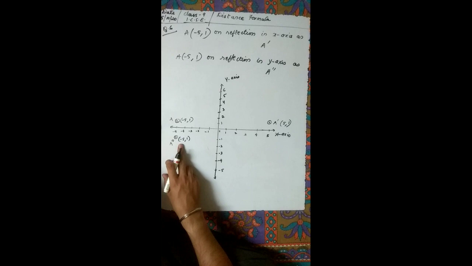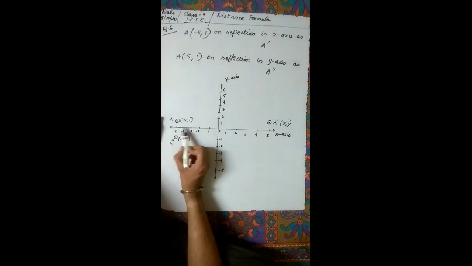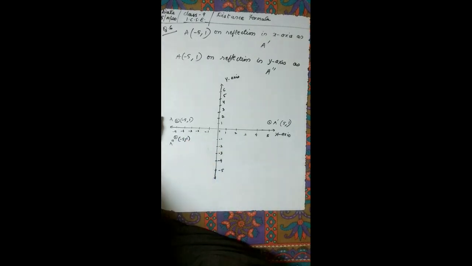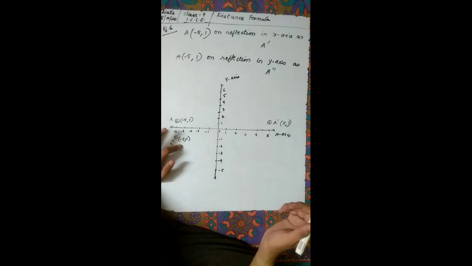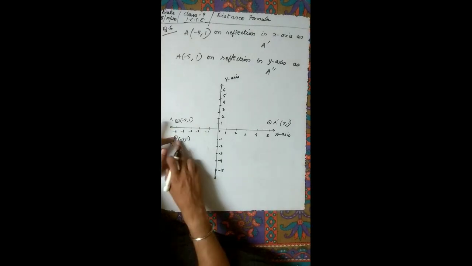As you are reflecting with respect to the x-axis, the x value remains the same, but the y value 1 becomes -1, and x is -5 only. So A dash is (-5, -1).